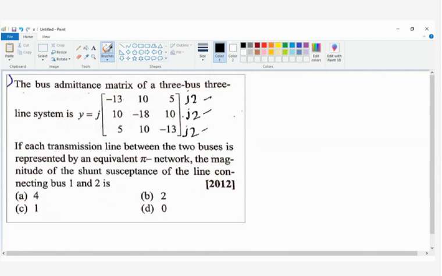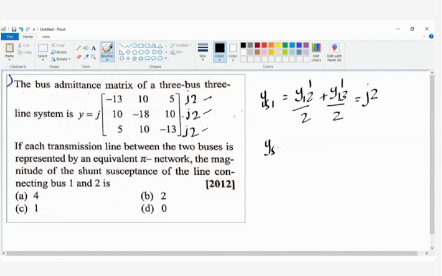Since there is a line between 1 and 2 and then between 1 and 3, the shunt at 1 is basically y12 dash by 2 plus y13 dash by 2, which is J2.